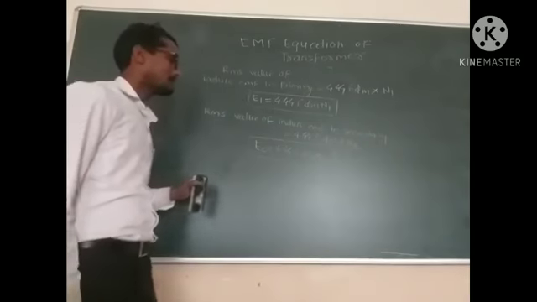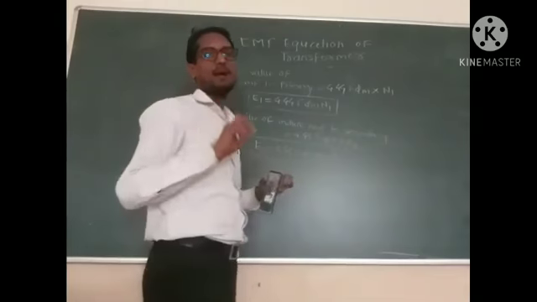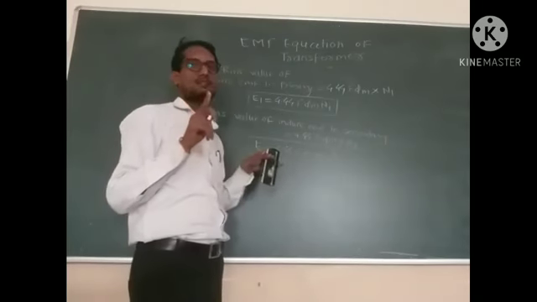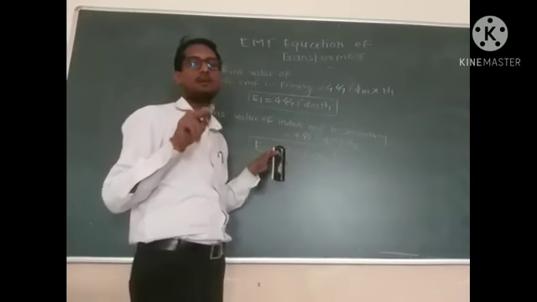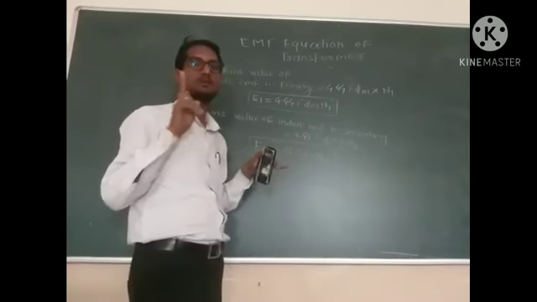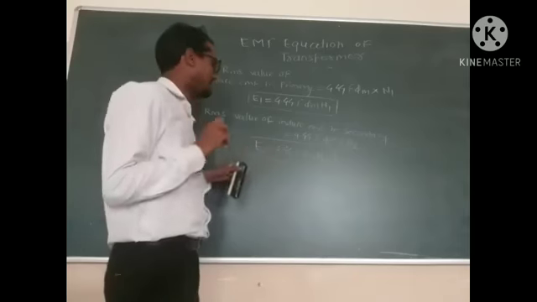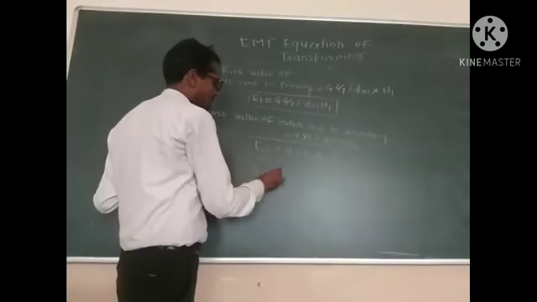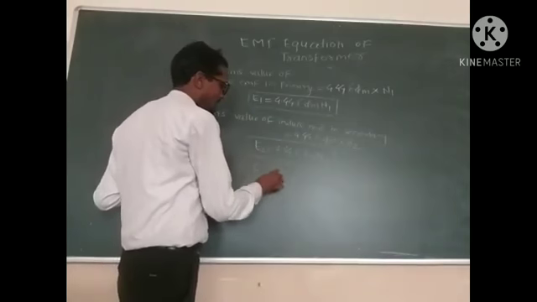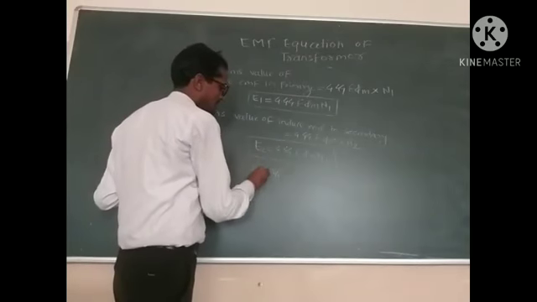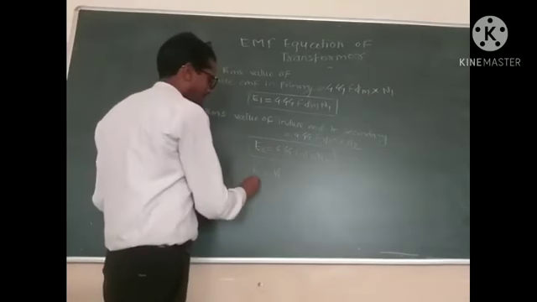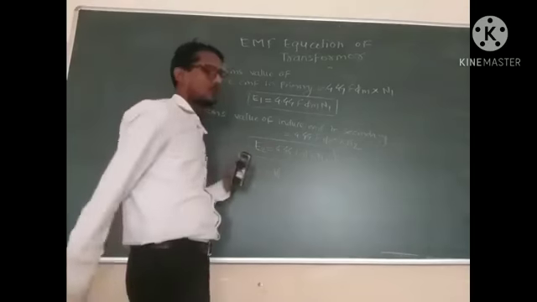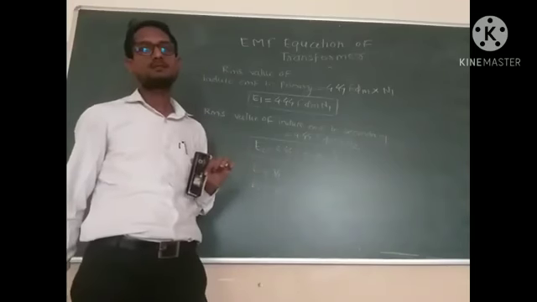Okay, but in case of an ideal transformer, the RMS value of induced EMF is equal to the supply voltage. That means in case of an ideal transformer, E1 equals V1, and E2 equals V2.